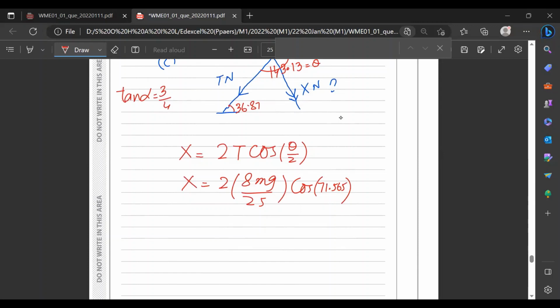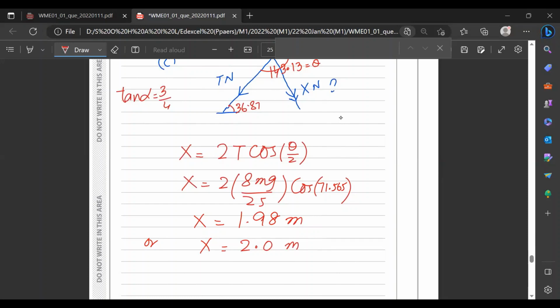You find the cos of this angle, multiply by 16, divide by 25, and again multiply by 9.8. So the answer is coming as 1.98 m.